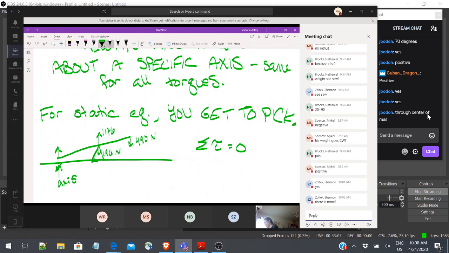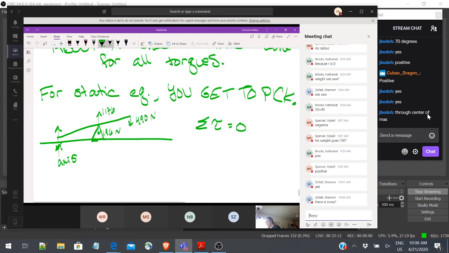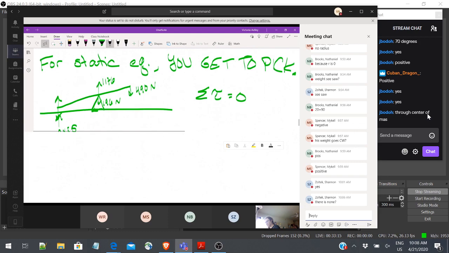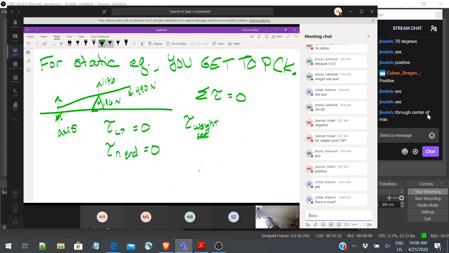Let's make sure it works. So I can say, okay, the torque from this large person is zero. The torque from the normal force at the end is zero. The torque from the weight of the seesaw is now the weight of the seesaw times the sine of the angle.